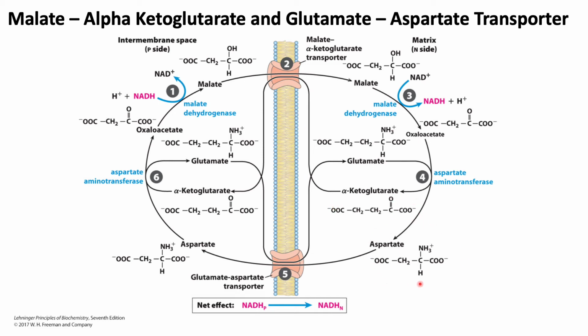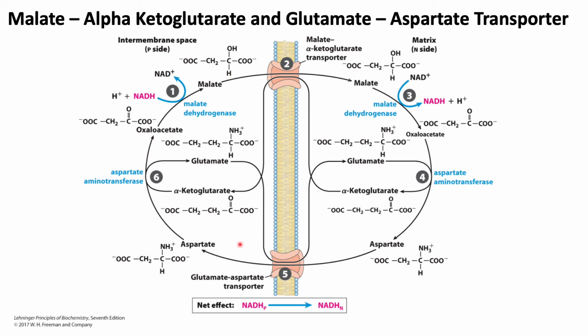The aspartate will exit the matrix through the glutamate aspartate transporter. Once the aspartate exits through the glutamate aspartate transporter, it will be able to reform the oxaloacetate that is necessary to convert into malate.